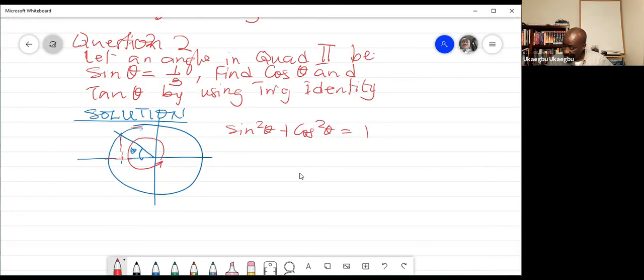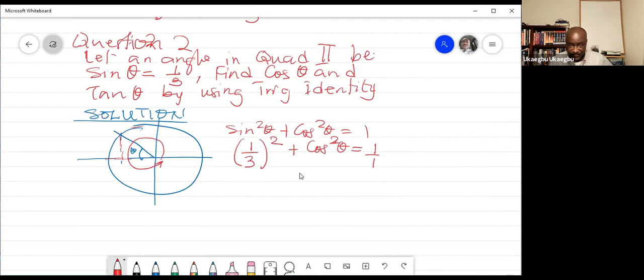They gave you sine theta is 1/3. So you have 1/3 whole squared plus cos squared theta, and that's equal to 1.